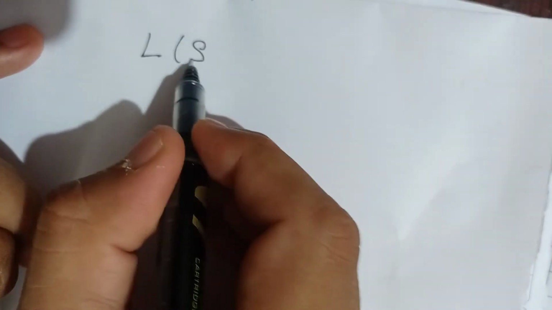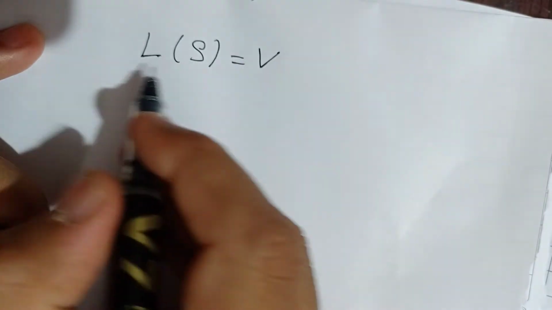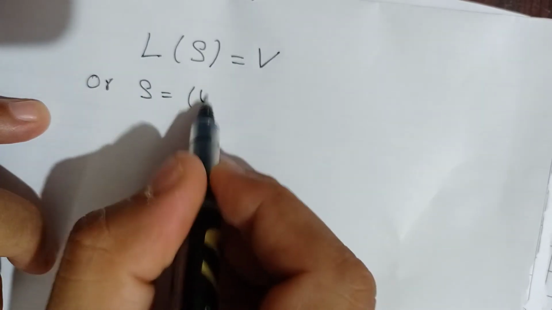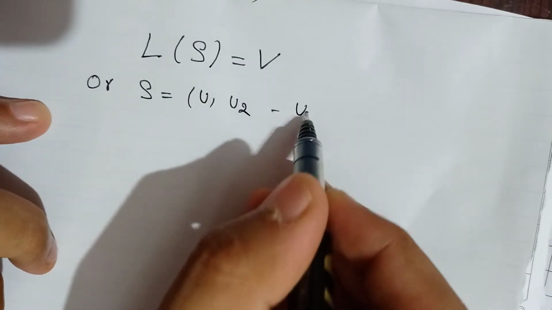We write like this: linear span of S equal to V. Or we can say S equal to, suppose we have u1, u2, ..., un, fine.